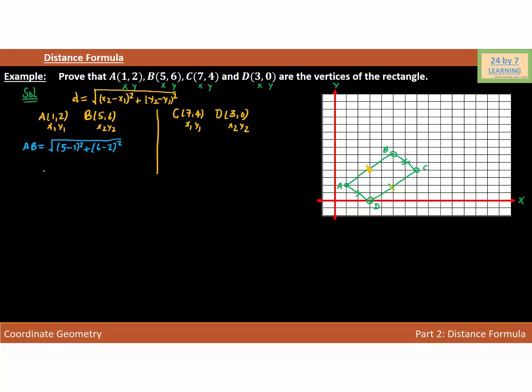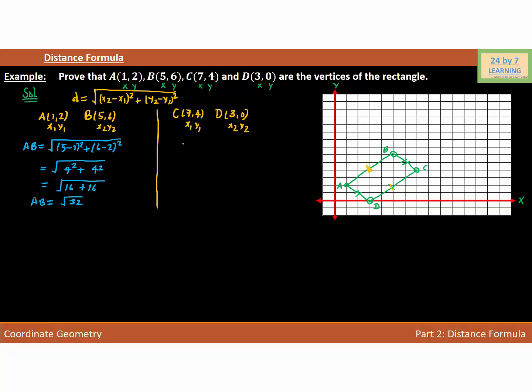And 5 minus 1 is 4, so I will write the square root of 4 squared plus 6 minus 2, which is also 4, so 4 squared. If I simplify further, 4 squared is 16 and this 4 squared is also 16. So I will get AB equals the square root of 32.